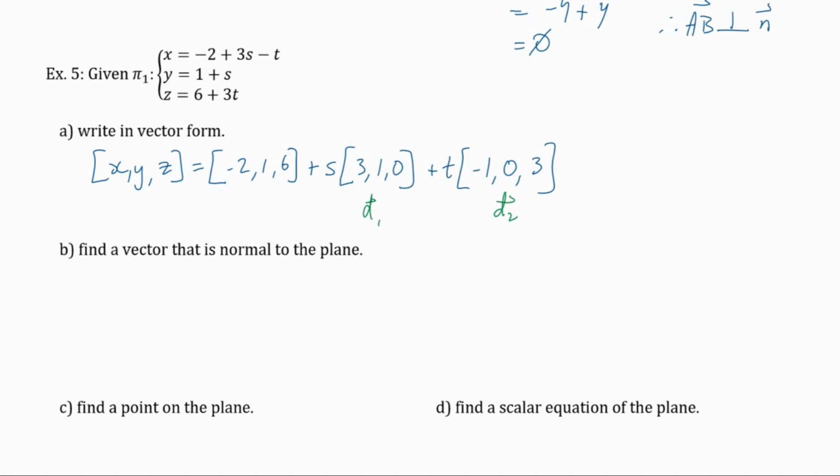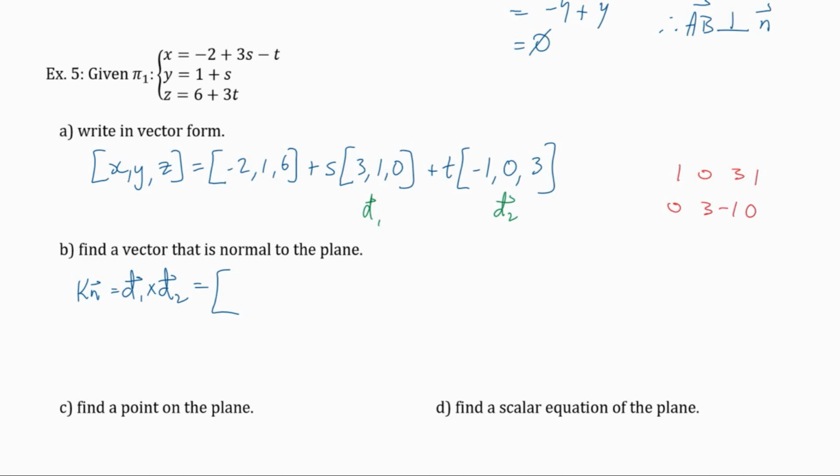Find a vector that is normal to the plane. How do we do that? Cross product of 2 direction vectors that are not collinear. Okay, so I've got 3, 1, 0 and negative 1, 0, 3.